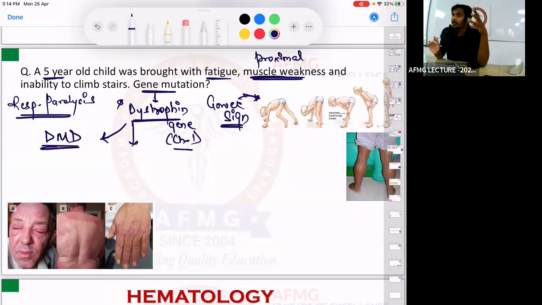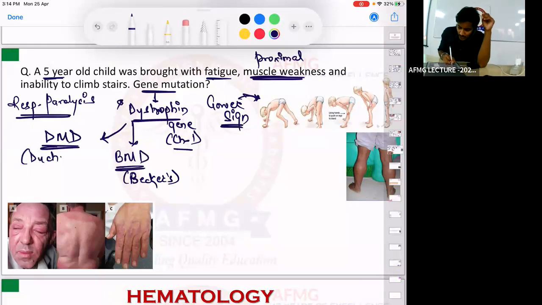The milder form, where the patient presents around 10 to 15 years of age with the same symptoms but later in age and with a much better prognosis, is Becker's muscular dystrophy. Whereas the severe version is Duchenne's muscular dystrophy.